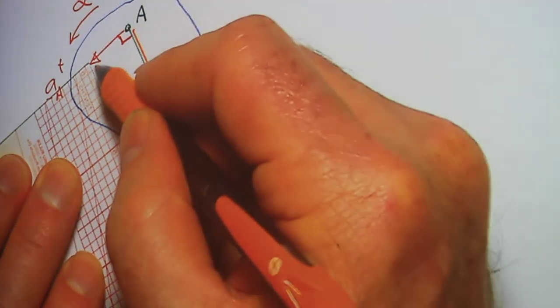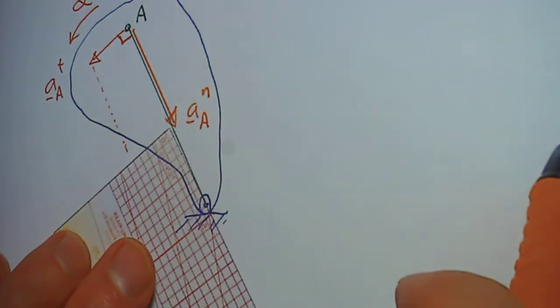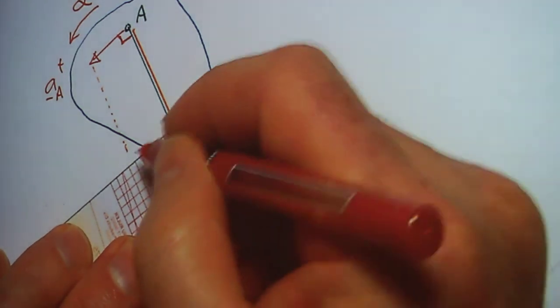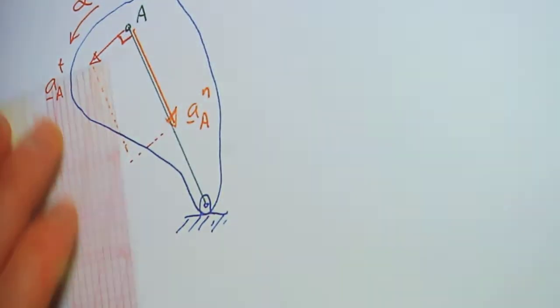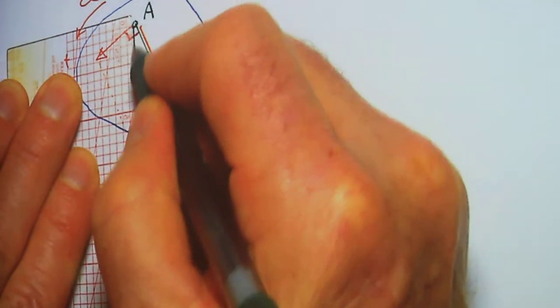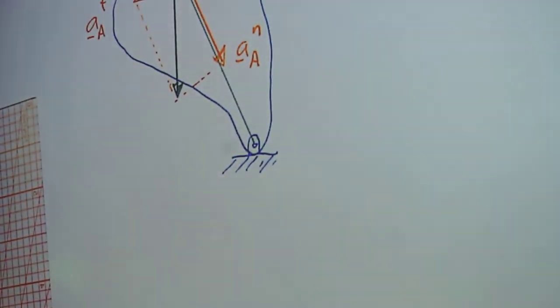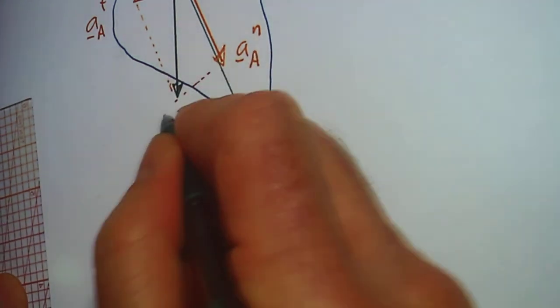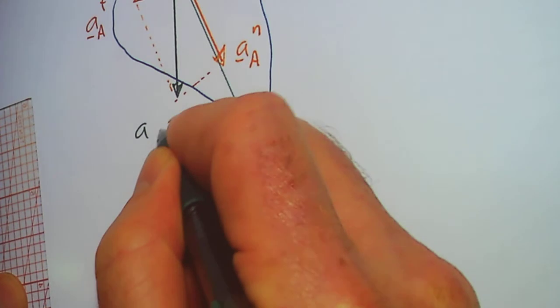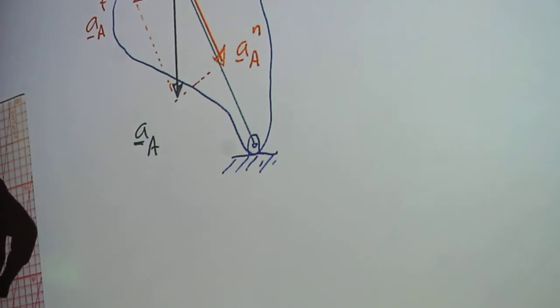And my total component would be something that looks like this here. This is, just by coincidence, it looks like it's going straight down, but it does not necessarily have to be like that. So this is the total acceleration that's going like that. All right?